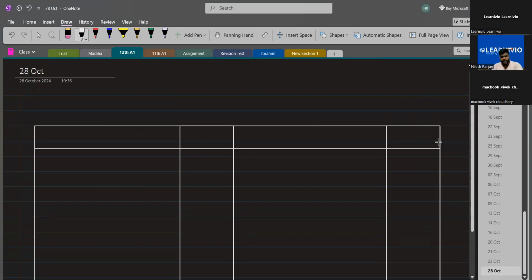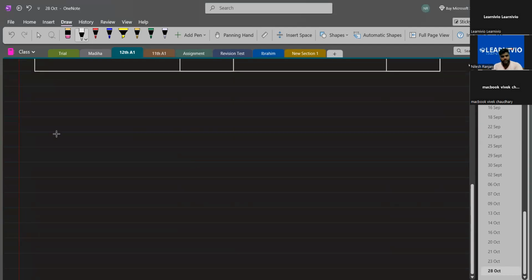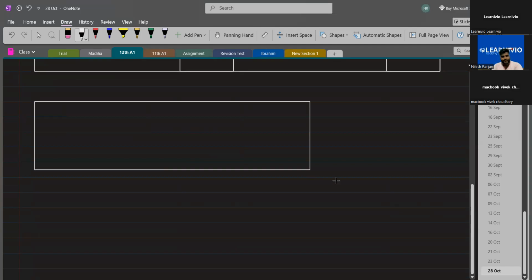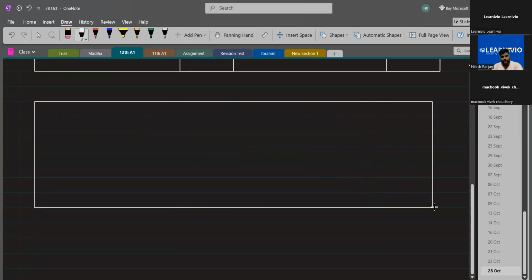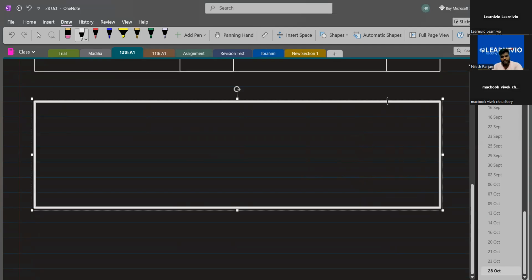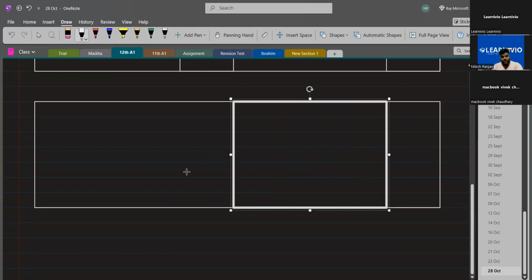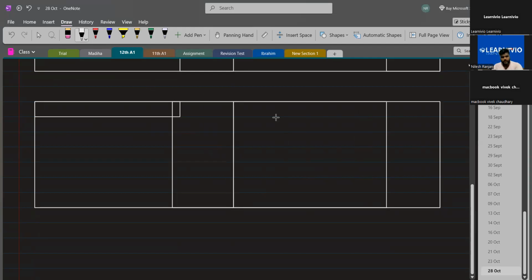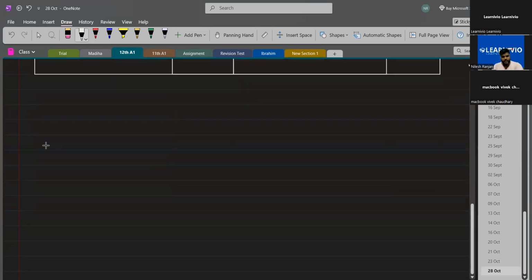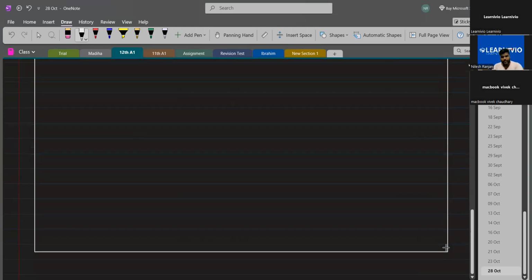The first one, realization account, then partners loan account, then partners capital account.